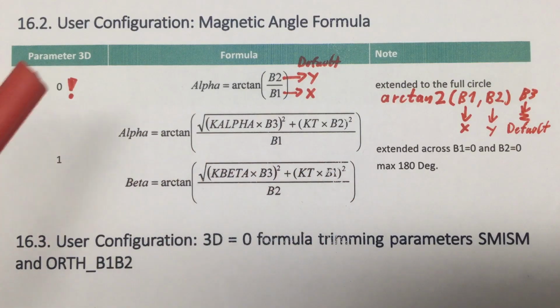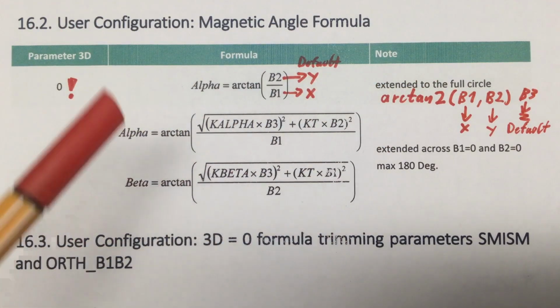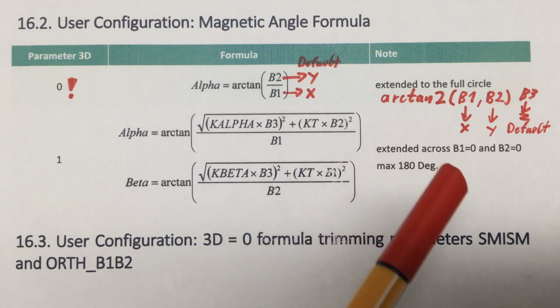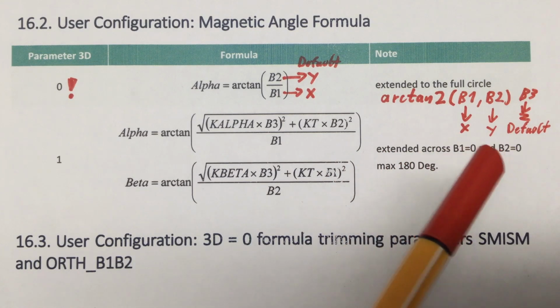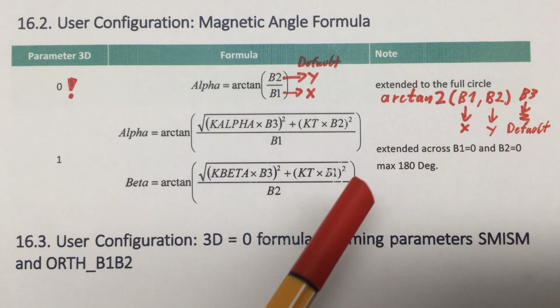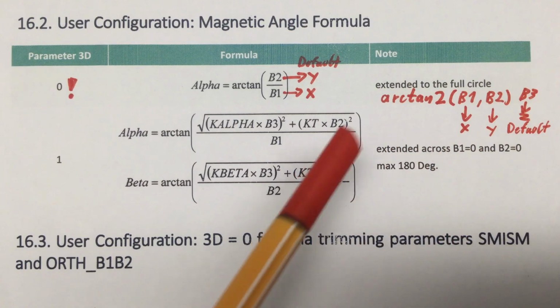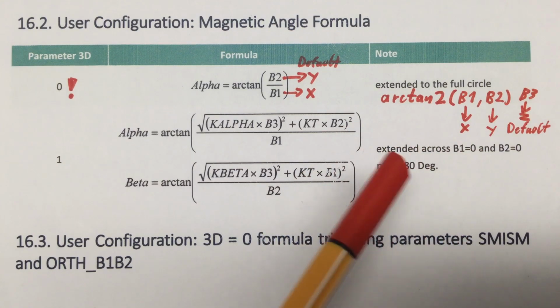And please note that the datasheet says that these angles are extended across B1 equals 0 and B2 equals 0 and are at a maximum 180 degrees.